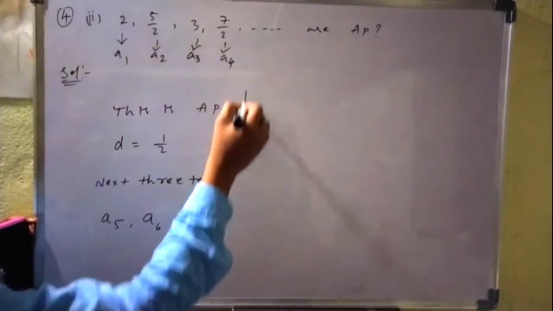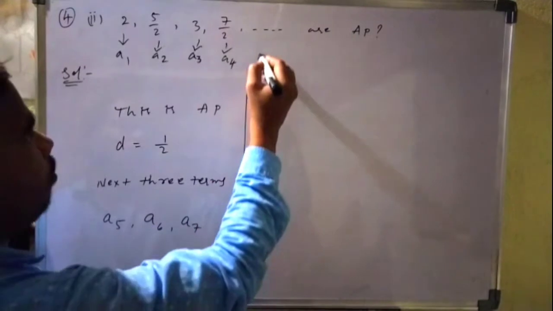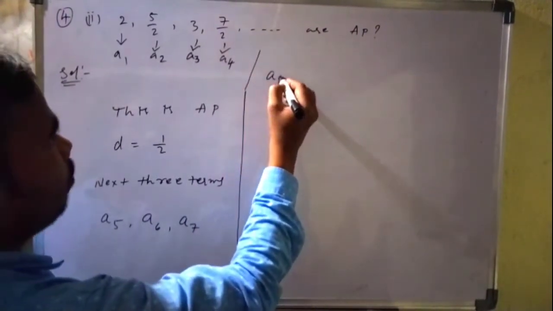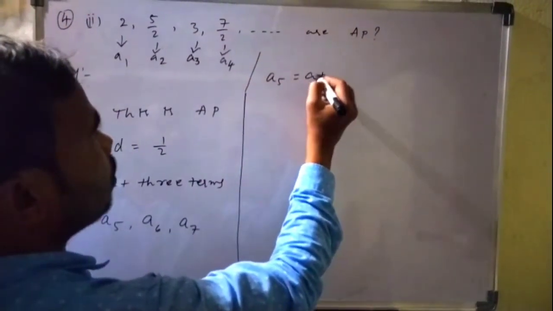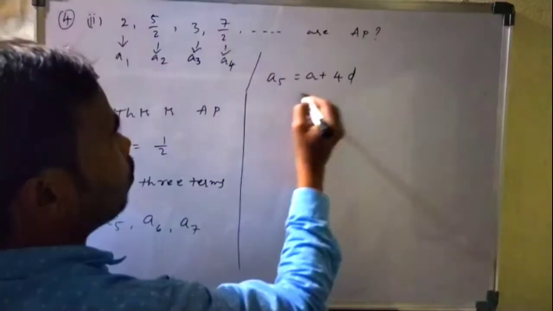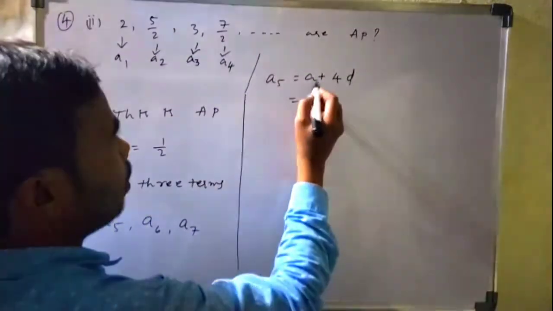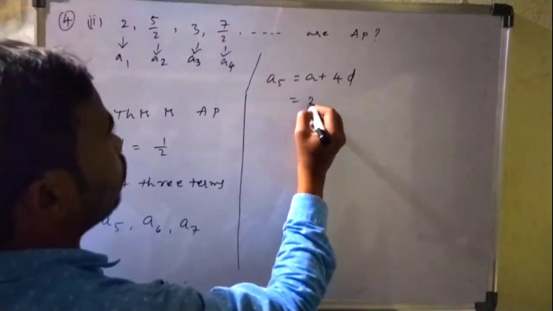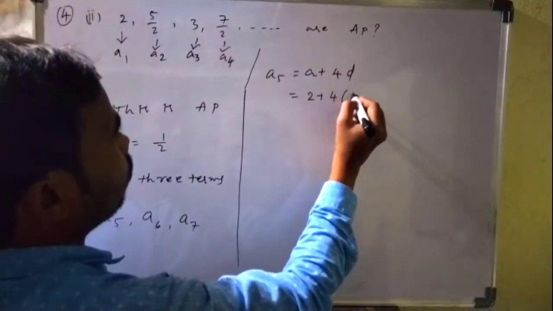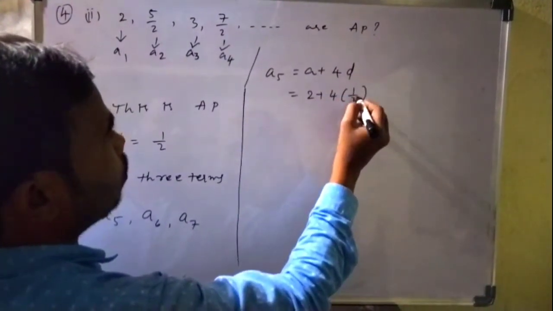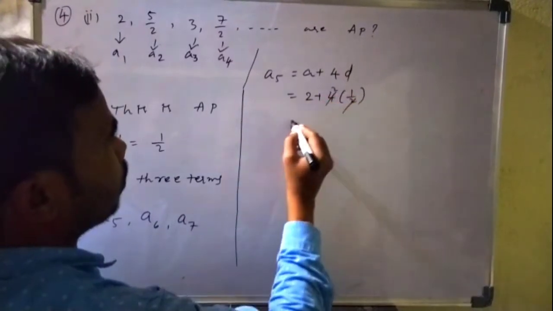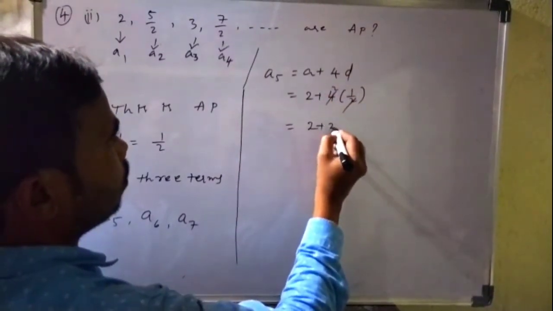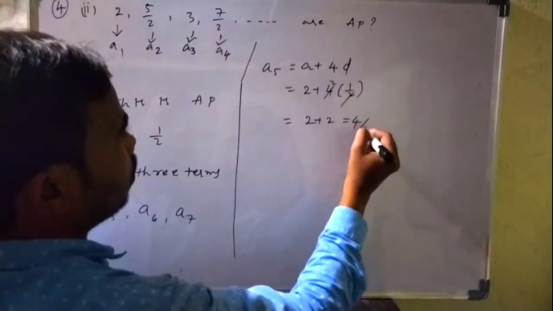Now a5 value we are finding: a5 is equal to a plus 4d. a means 2, plus 4 into 1/2. 2 ones are 2, 2 twos cancel, so 2 plus 2 is equal to 4.